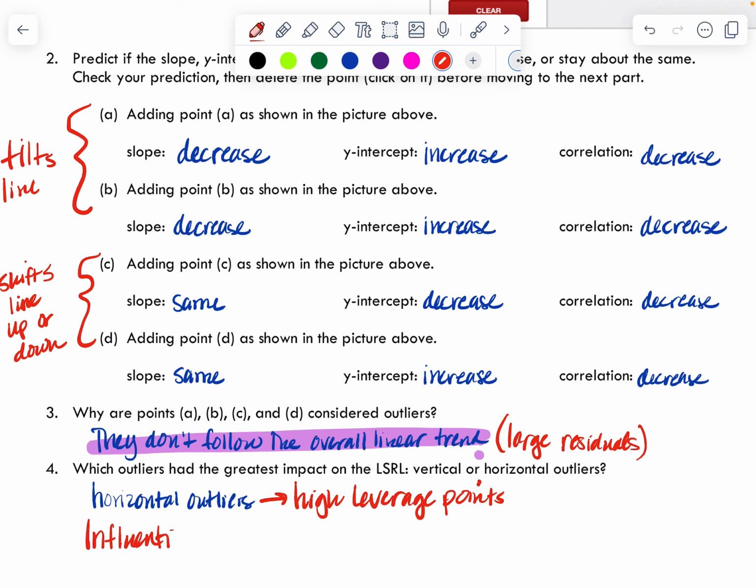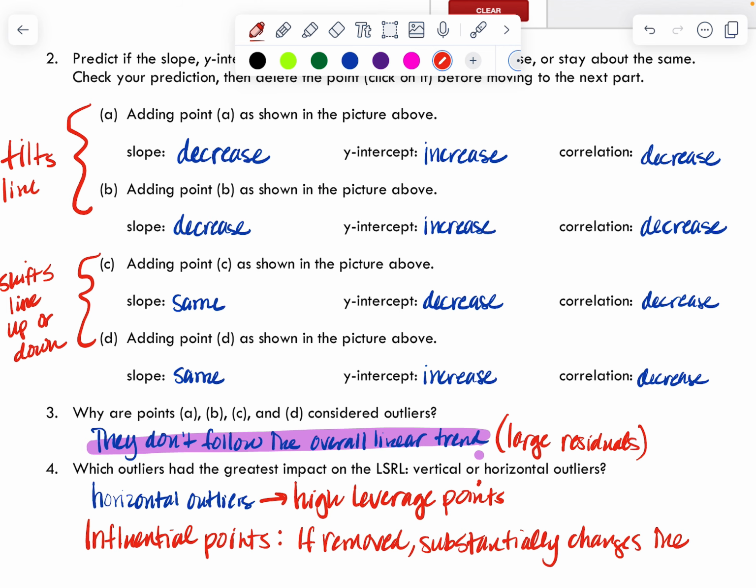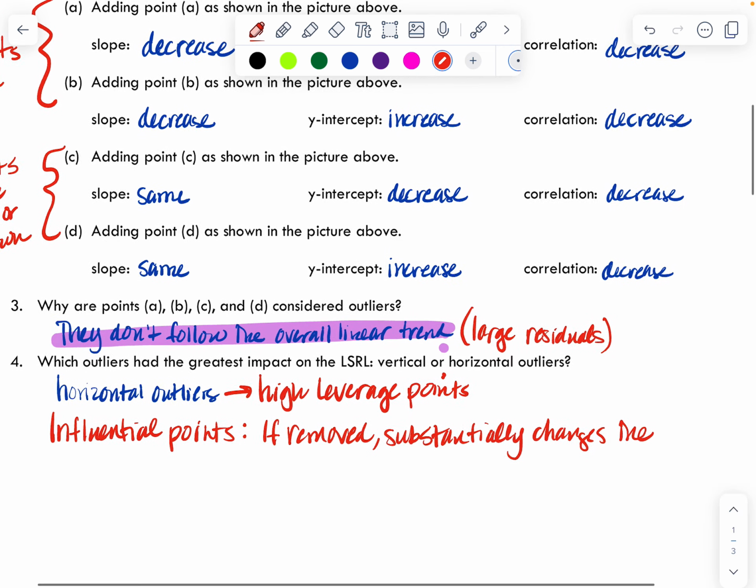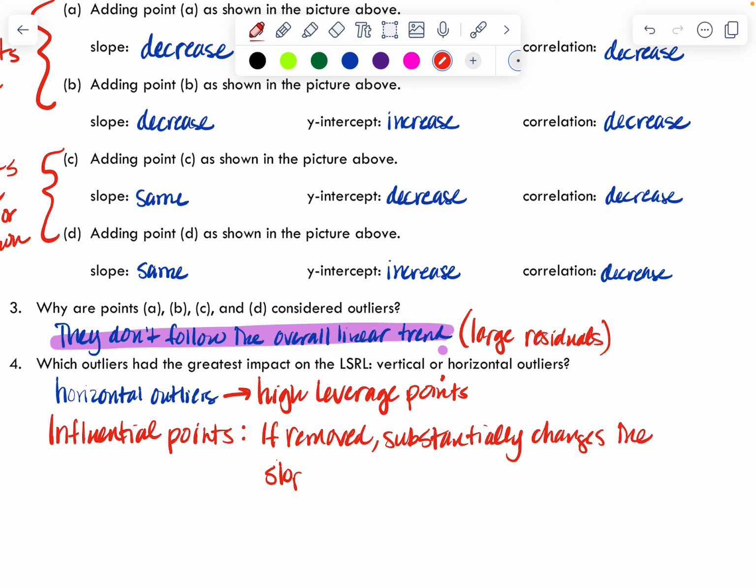And so an influential point is a point that, if you remove it, substantially changes the slope, the y-intercept, and/or correlation.